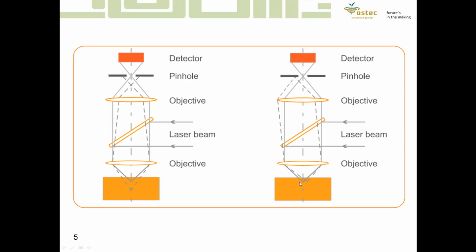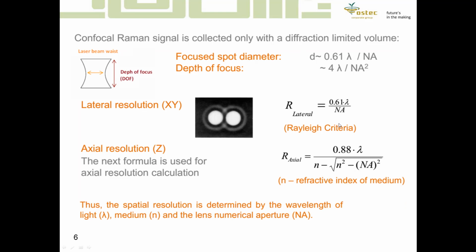And the same for XY resolution. If the signal comes from the side, then it is blocked by the pinhole, and therefore we can achieve a high resolution which is limited by the diffraction limit. This is the typical diffraction limit for optical microscopy.